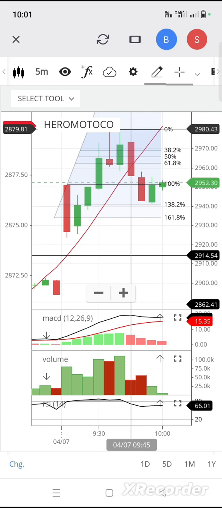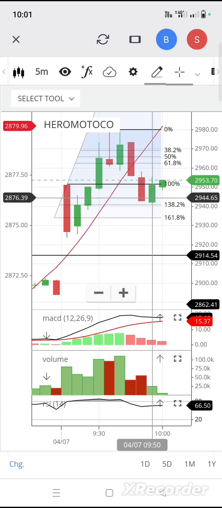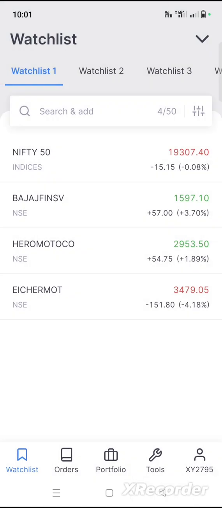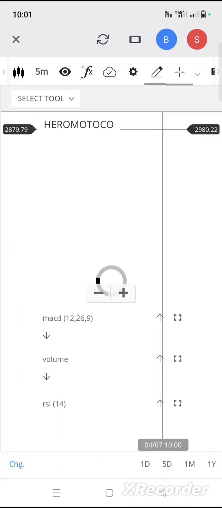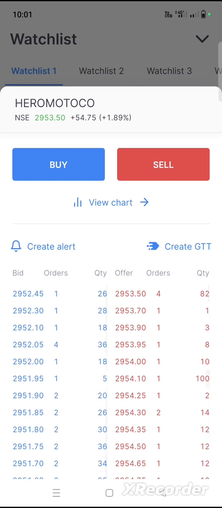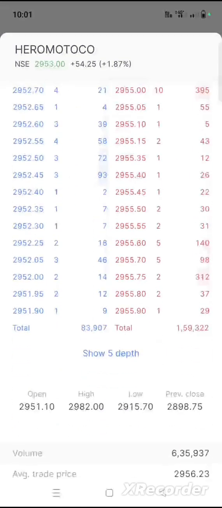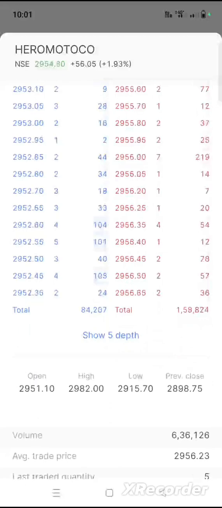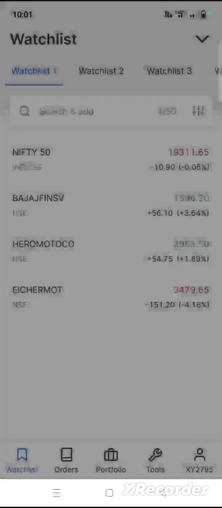Here all stop loss has been hit. Again it tried to come down, but again it's going up. So this is some kind of stop loss hunting happening here. So we'll see the depth. And this is the thing where retail traders get trapped. So in this case we have to act smartly.